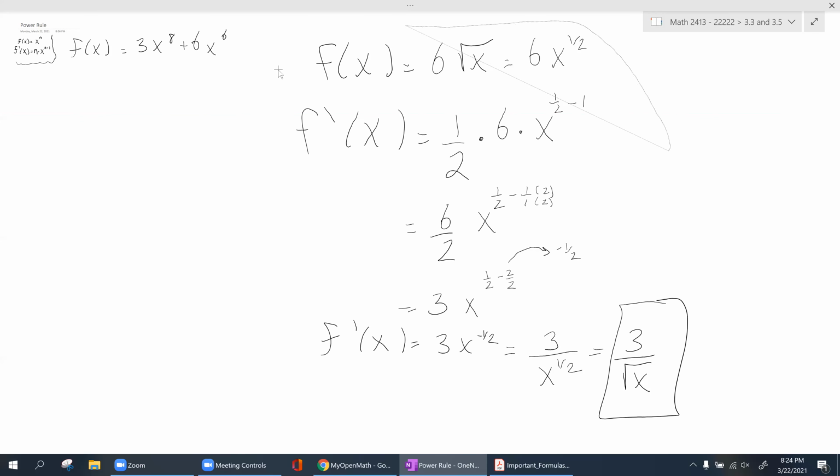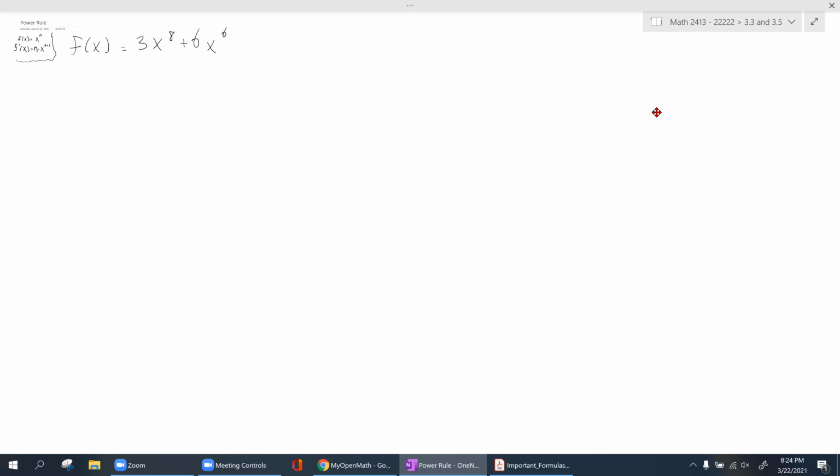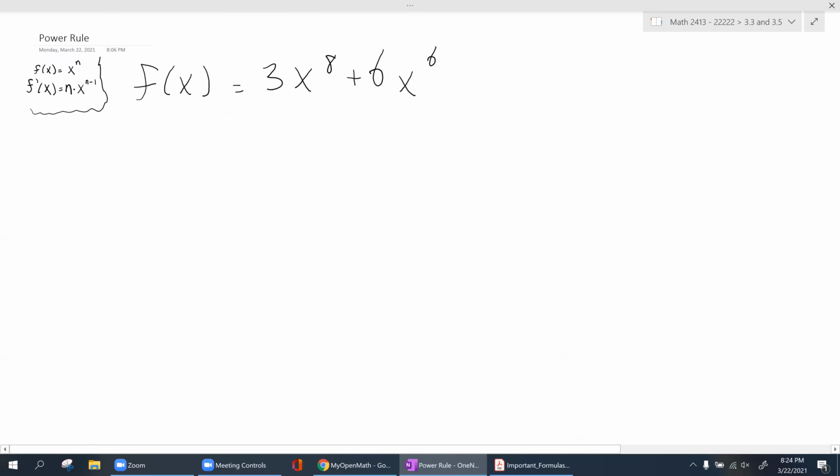These are going to be very, very useful in these upcoming sections. So let's go ahead and get started. I have been asked to take the derivative of this function.